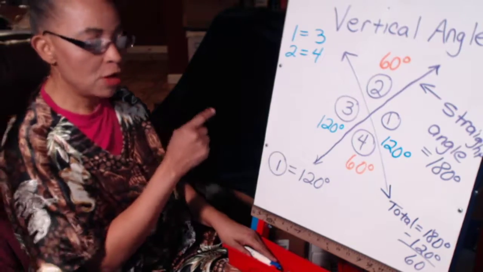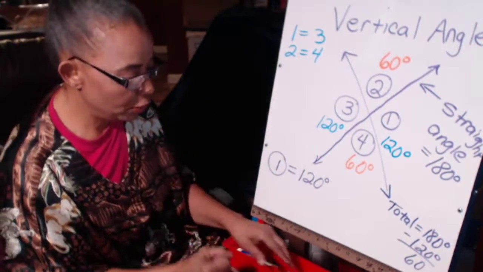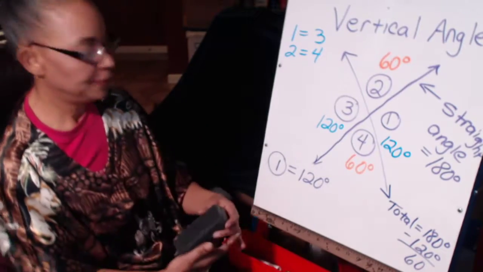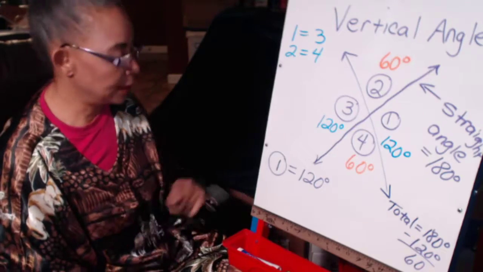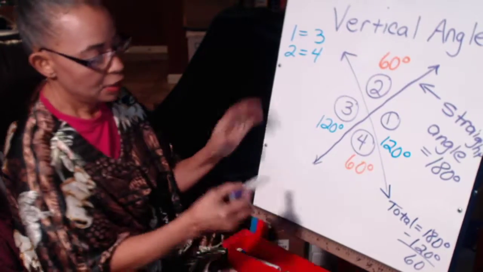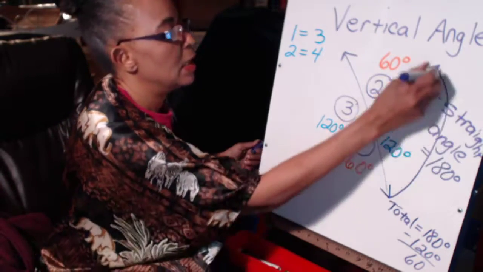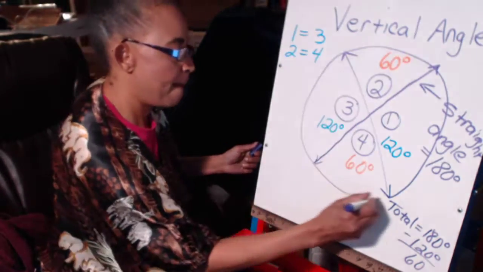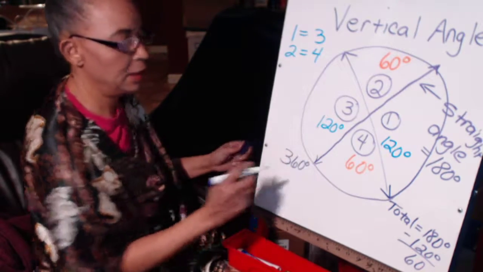Now, if you notice, what is the total for a circle? The total degree measure for a circle. Exactly. 360 degrees. So if we went all the way around, we would have 360 degrees.